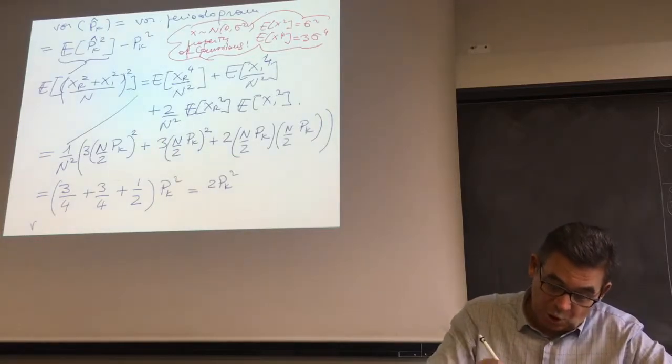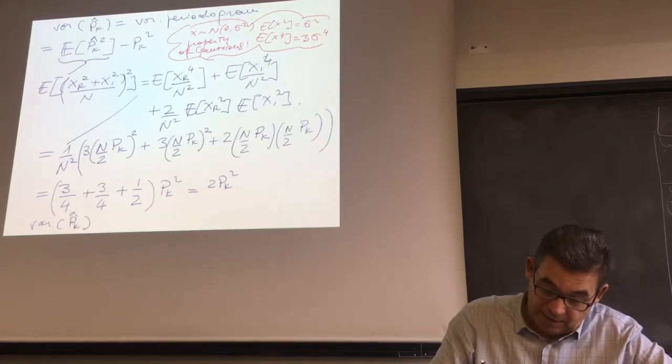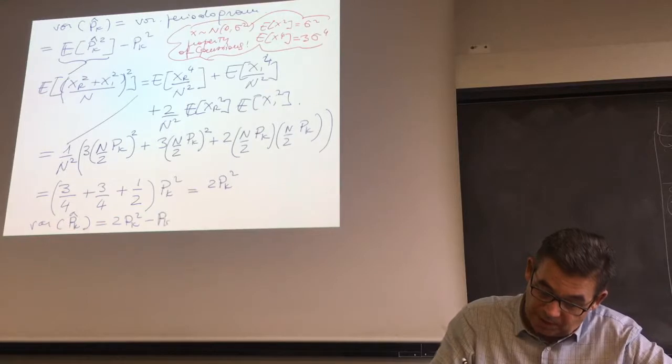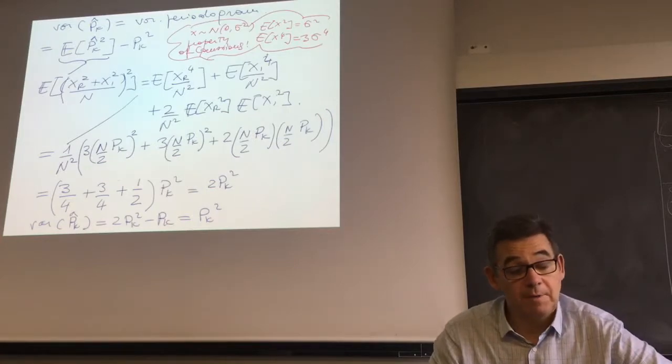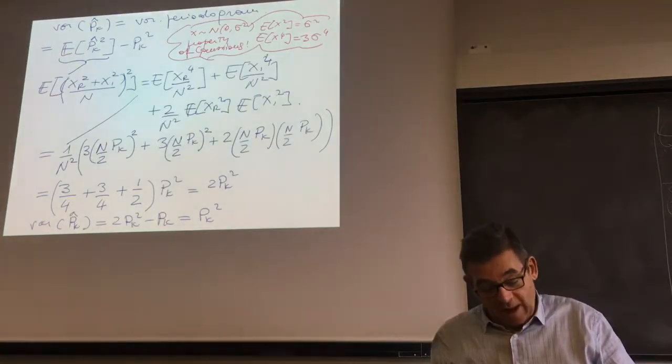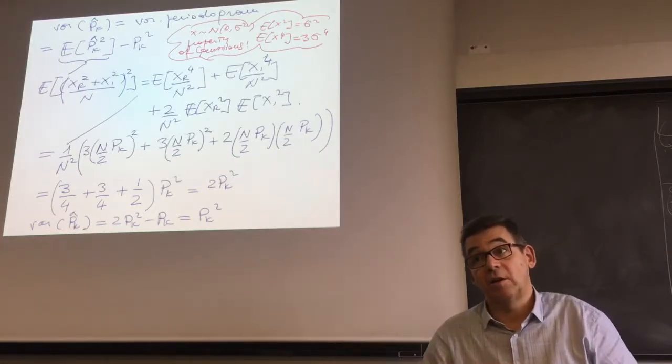Bringing back the last equation, the variance of pk hat is equal to 2pk squared minus pk squared, which is pk squared. So the variance is the power spectral density squared.